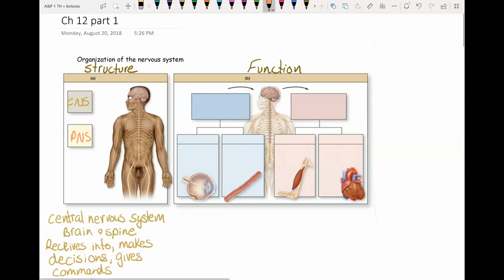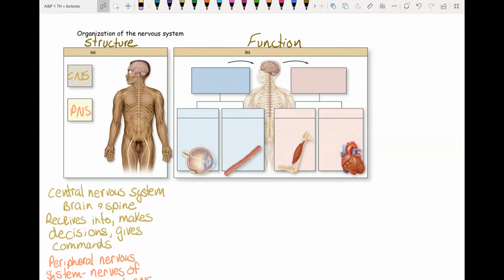Then if we go to function, function has two main parts and then each of those has a subpart. First is sensory. Sensory is information that goes to the CNS, and it goes from a receptor. So sensory is information from a receptor to the CNS.